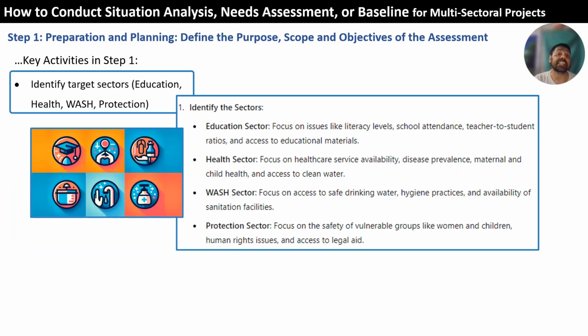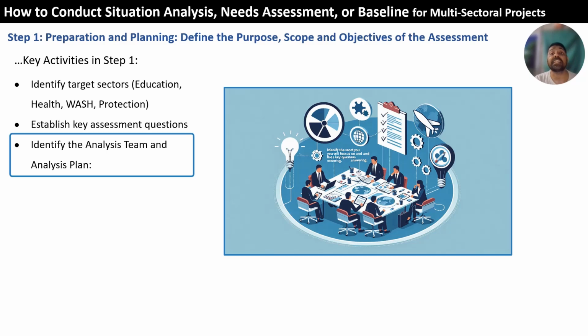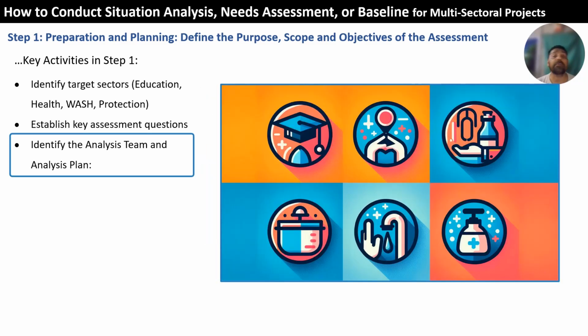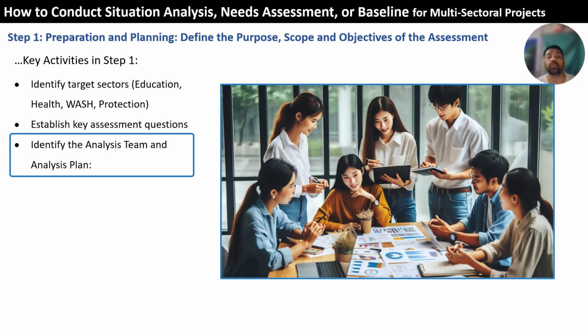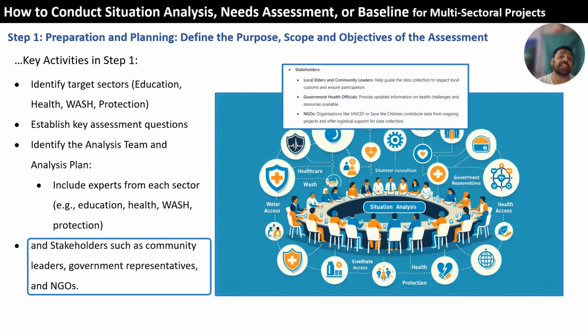Identify target sectors, establish key assessment questions, identify the analysis team and analysis plan, because you might be working in different sectors, so you will need to include experts from each sector like education, health, WASH, protection. And then the next activity is consultation with stakeholders such as community leaders, government representatives and NGOs.